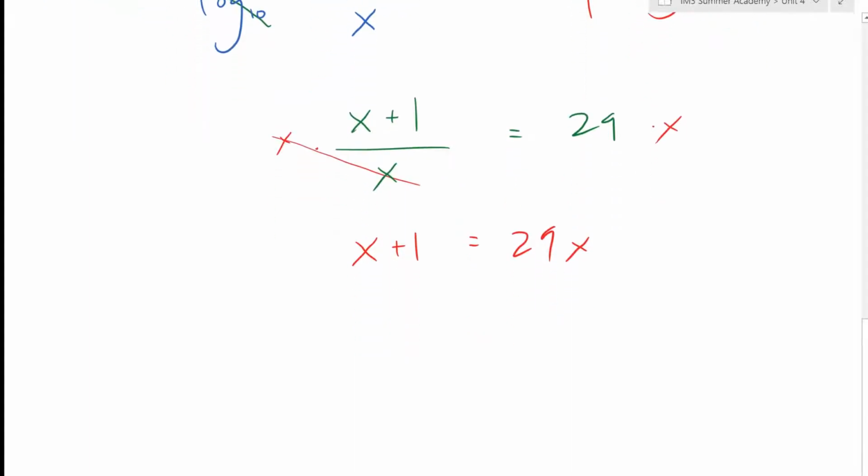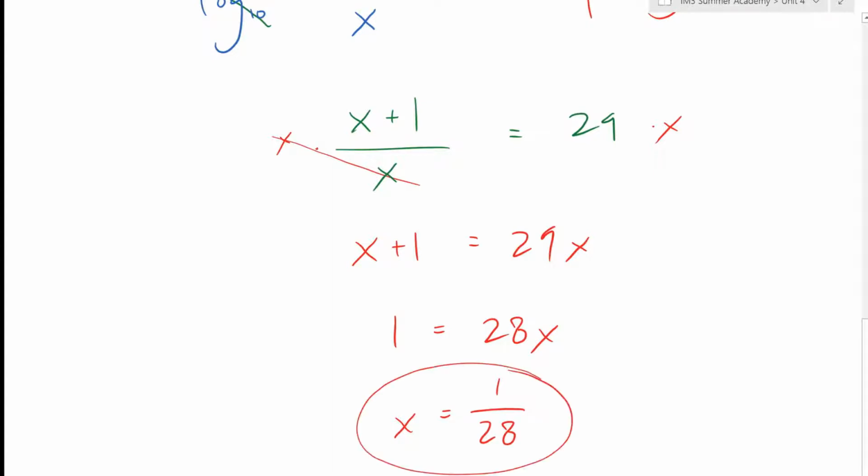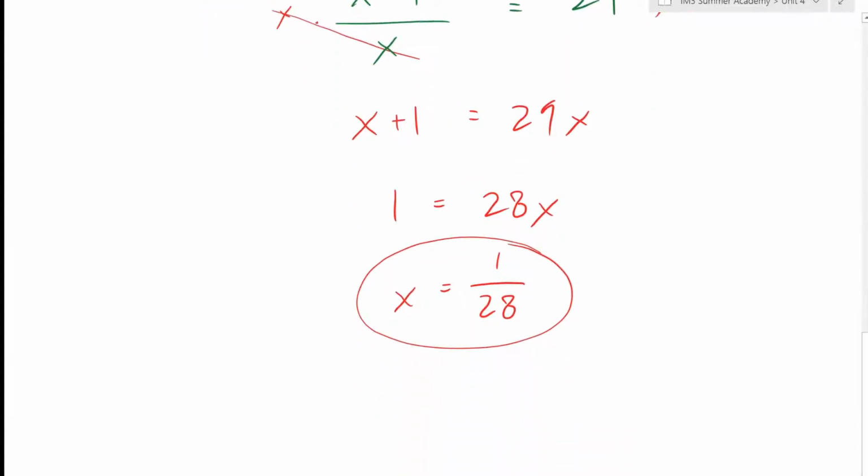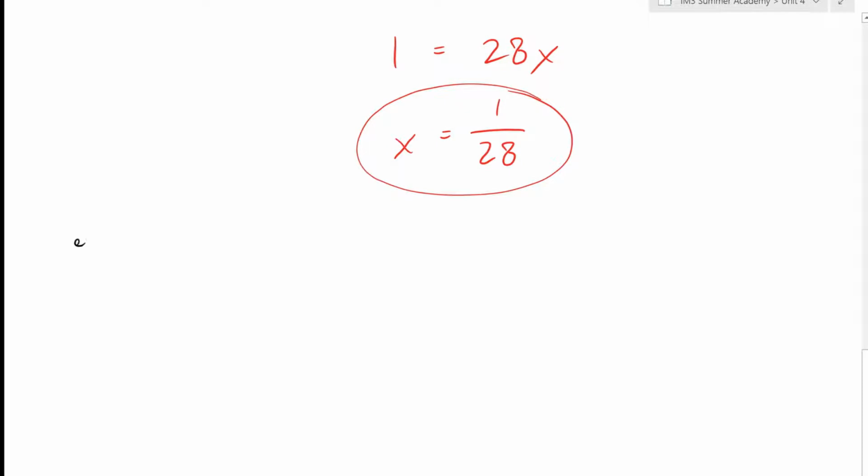And then bringing the x's together, x equals 1 over 28. And there you go, you've got an answer for x. So sometimes those logs, you have to condense them down in order to get one log, and so that log will cancel. So let's see another one of those.